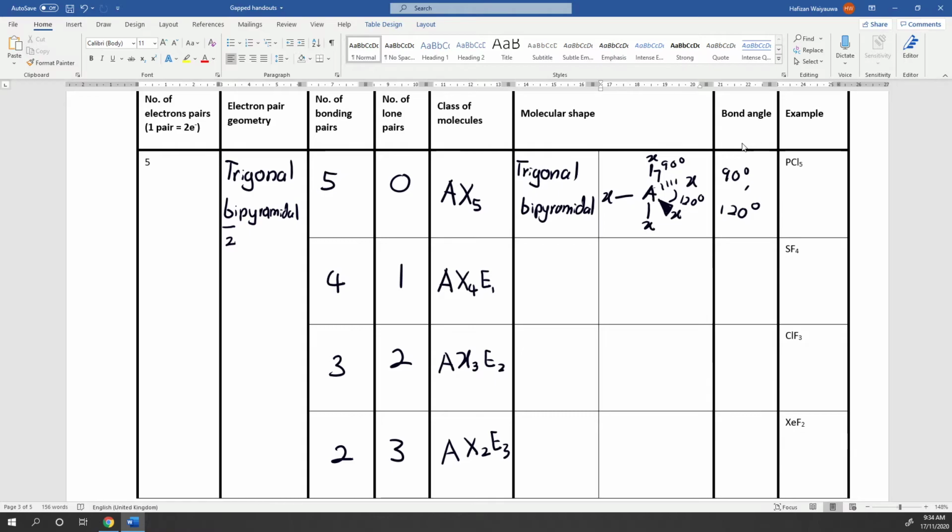So now we only replace the atoms at the 120 degrees, because they are the furthest. If you change the ones at 90 degrees, the lone pairs will still be at 90 degrees, right? 90 degrees is closer than 120. So you replace any of these three terminal atoms with lone pairs.